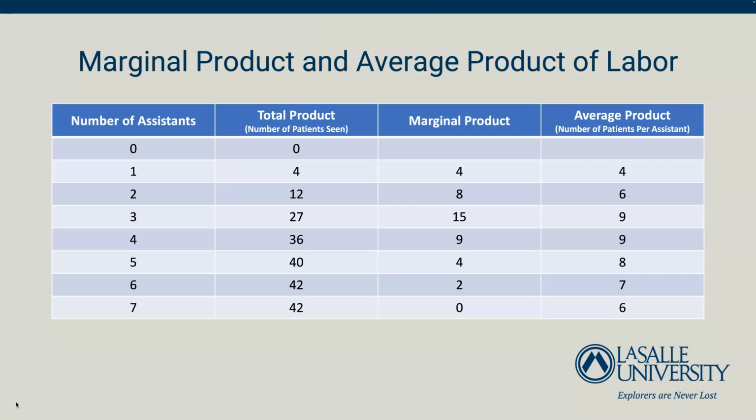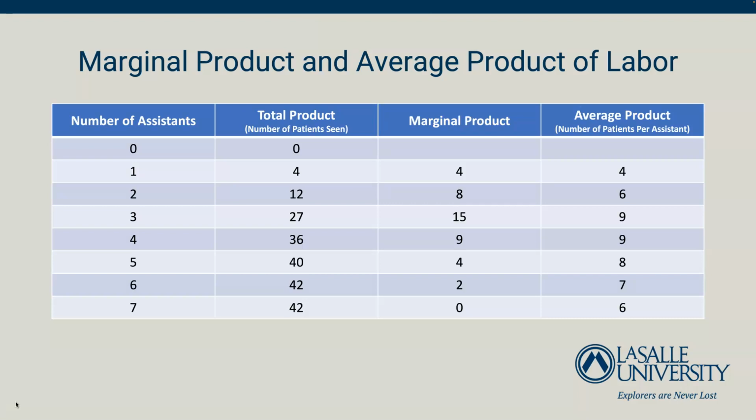Going from 0 to 1 assistant, we have a marginal product of 4, going from 1 to 2 assistants a marginal product of 8 patients being seen, and going from 2 to 3 assistants, we have a marginal product of 15 patients being seen. Then on the far right column, we have the average product, which tells us the number of patients per assistant being seen by this clinic.